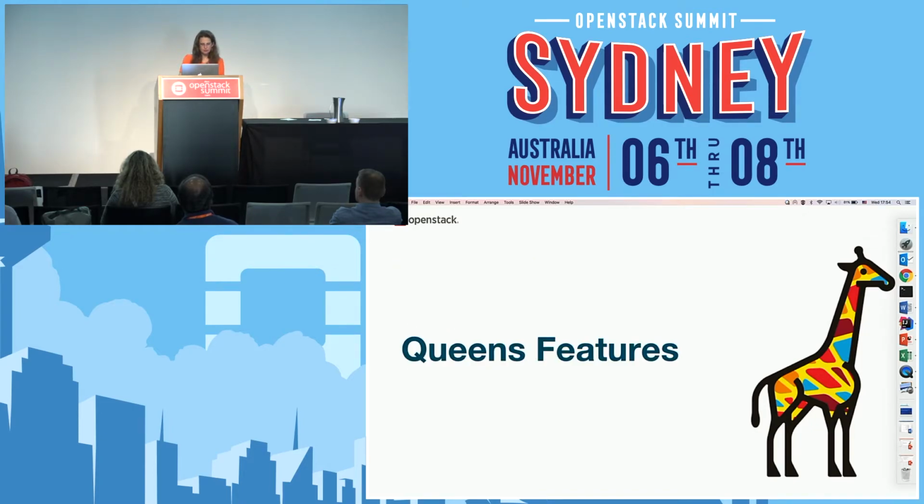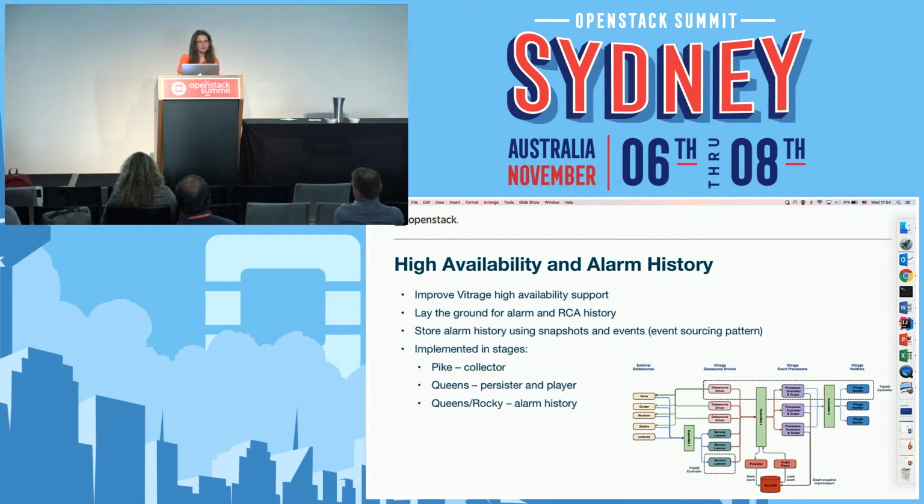Regarding Queens features, first, I didn't mention it on the first slide. There was a link to the virtual PTG we had last month, where we discussed the plans for Queens. There is an Etherpad, and the link appears on the first page. The main project we are currently working on is refactoring the high availability solution of Vitrage and supporting alarm history.